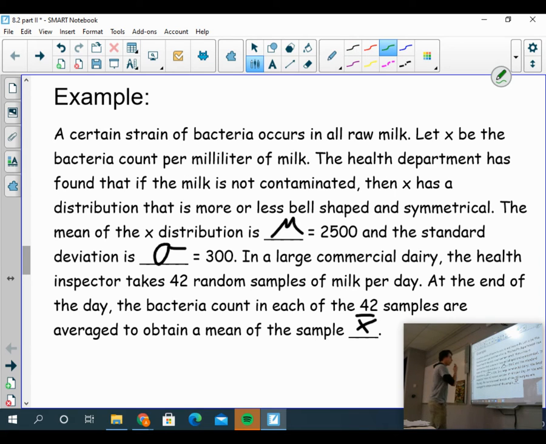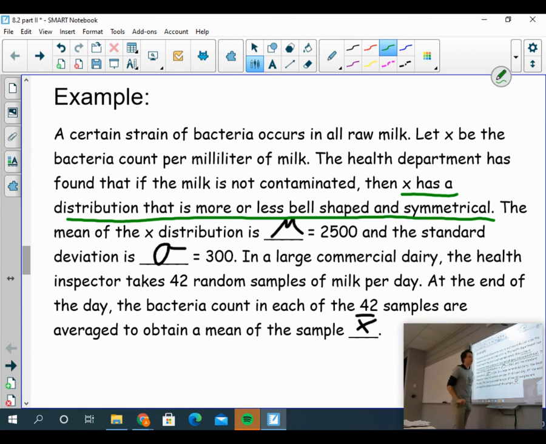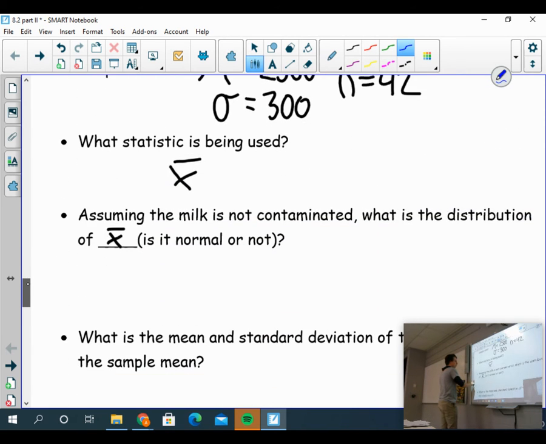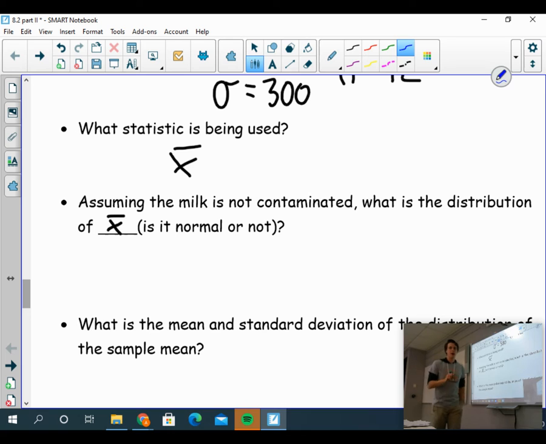Looking at this info, they tell me that X has a distribution that is more or less bell-shaped and symmetrical. While bells may be going off in your head saying, hey, that's what a normal distribution looks like, they don't explicitly tell us it's normal. But our sample size is 42, so the central limit theorem can apply here even though we're not sure about theorem 1.